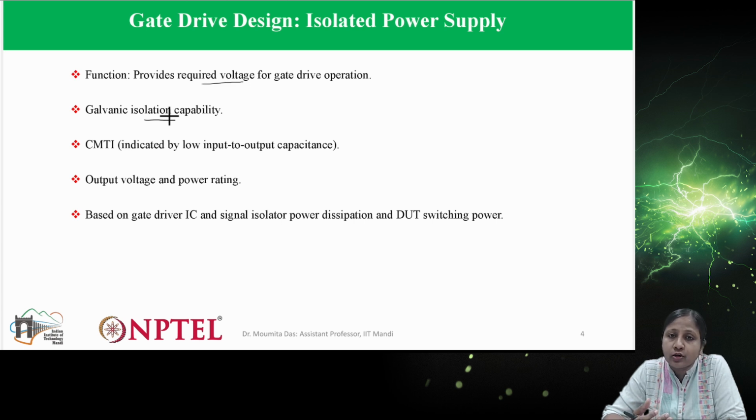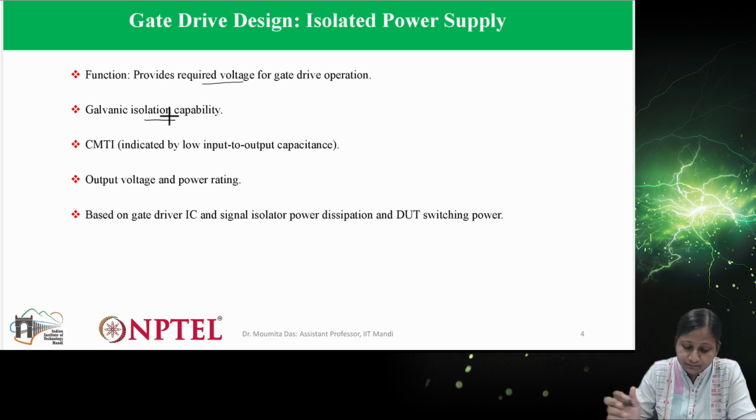So anyway, it is not equal to any of these voltage levels. That is why we need to amplify the voltage, as I have discussed earlier. That voltage supply will come from this isolated power supply. Along with providing these required voltages, it provides galvanic isolation.